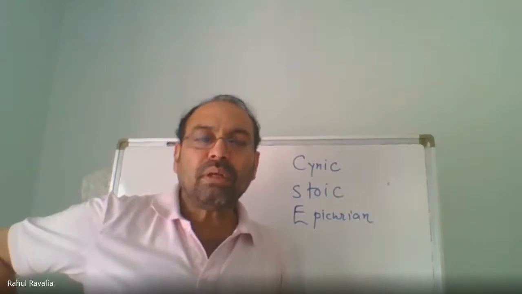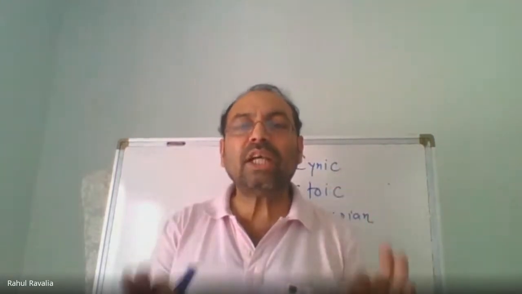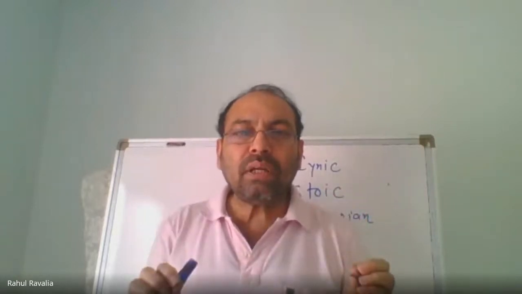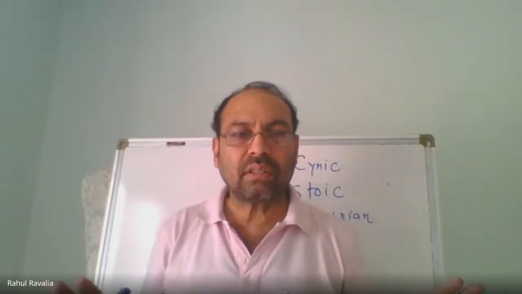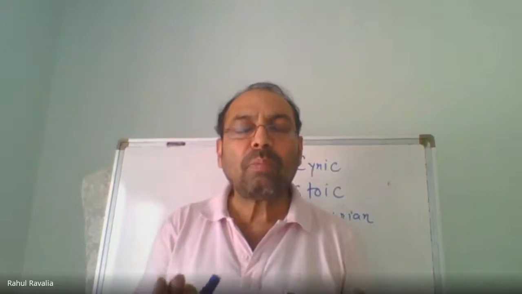There are many people. There are very few people. Actually, in this world, the real cynic people are difficult to find. Okay? The cynic people question everything. The cynic people doubt everything. The cynic people cannot trust anyone.